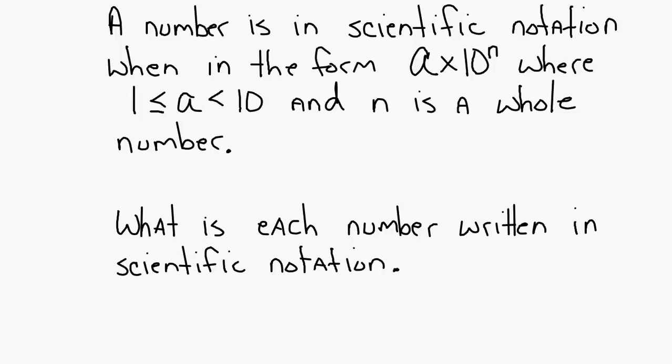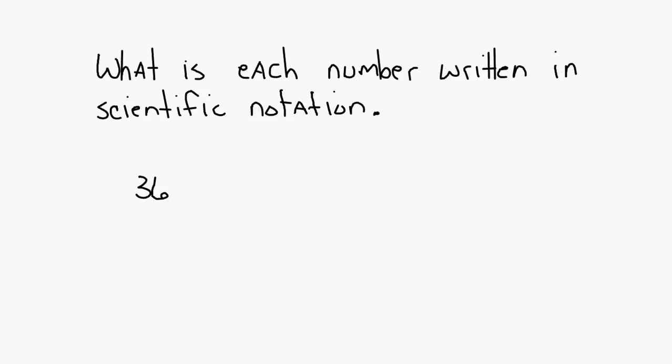So if you're given a number, let's say the number is 36,000. This is standard notation, the way you're used to seeing a number. If you've got to write it in scientific notation, this number 36,000 has a decimal place right here.